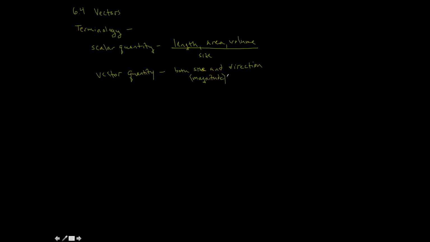Now you see a lot of these in the engineering field, but in a practical situation, if you have any family members that have been in the National Guard or in the military at all, if they've ever flown in a helicopter, helicopters use vectors to be able to fly.